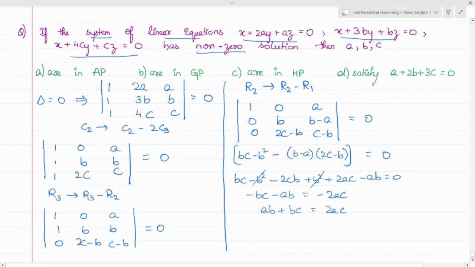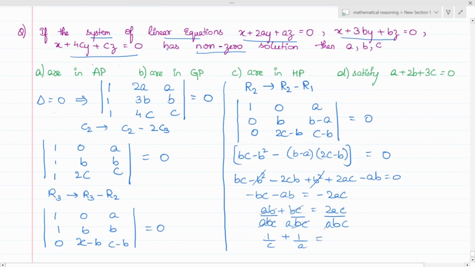This can be written as, I'll divide with all the terms, that is abc, okay? So that ab gets cancelled and we'll get 1 by c. This bc gets cancelled, 1 by a.